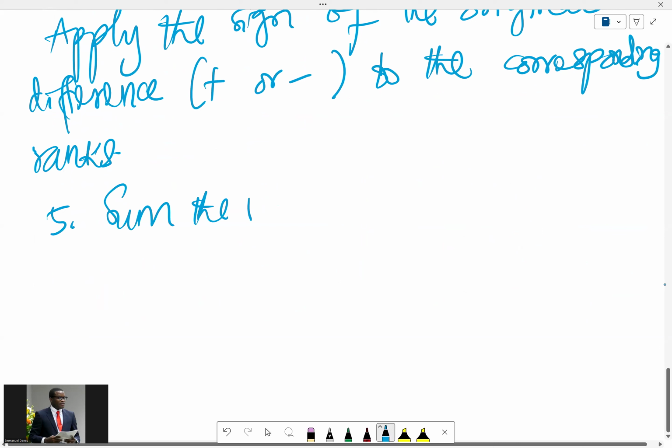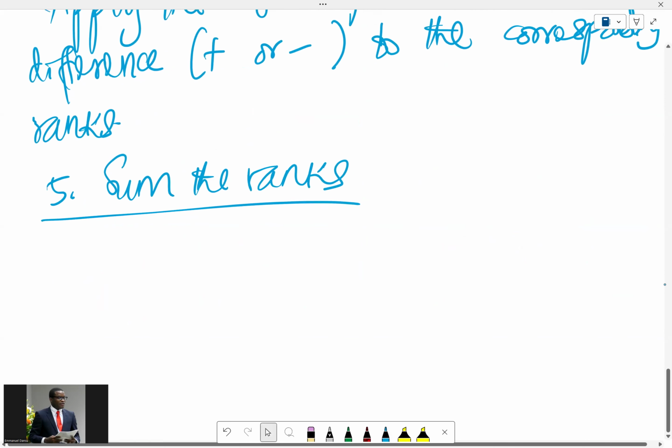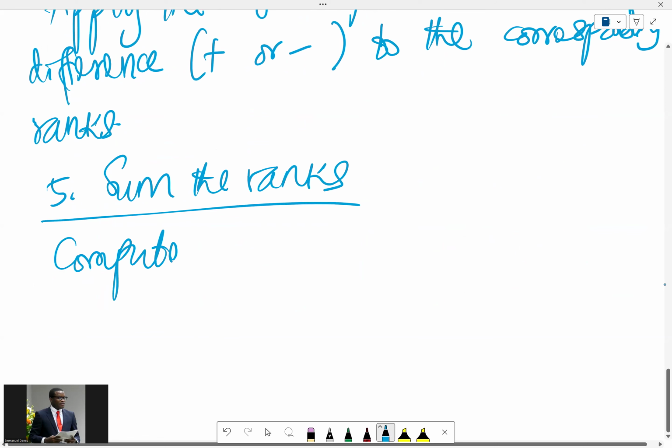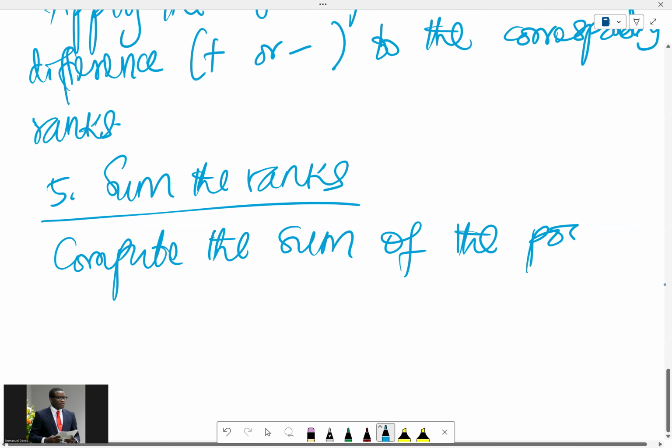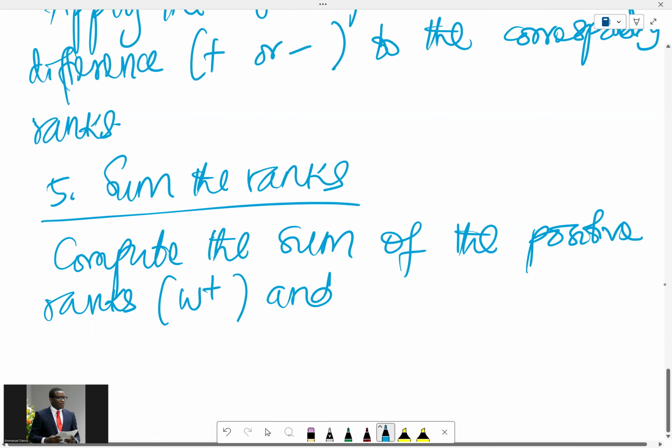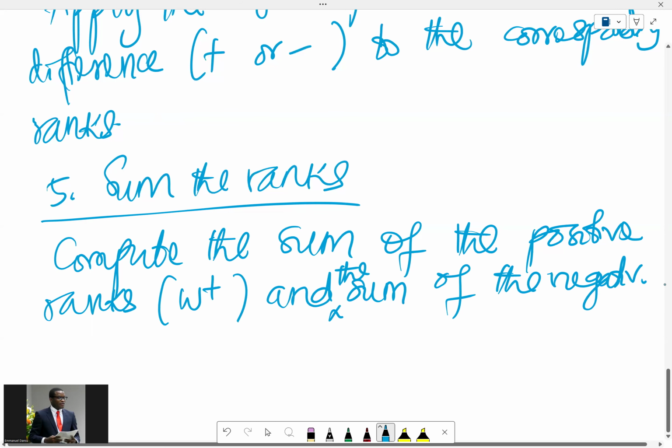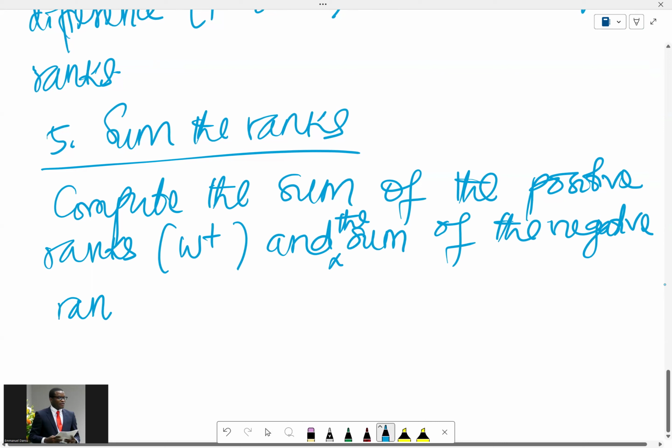We've seen summing of ranks with the Mann-Whitney U-test, right? So here you compute the sum of the positive ranks, which you call W plus, and the sum of the negative ranks, which you call W minus.